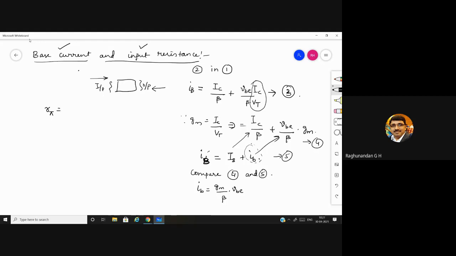Since we are going to find the input resistance considering small signal analysis, what will be our other parameter? For resistance, what are the other two things you will get? V by I, right? I want the resistance considering small signal. Now tell me what should be your V and what should be your I.